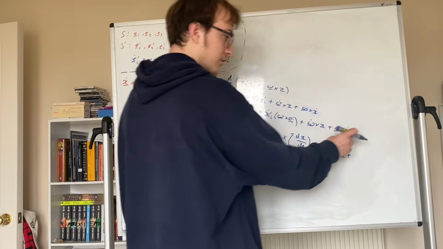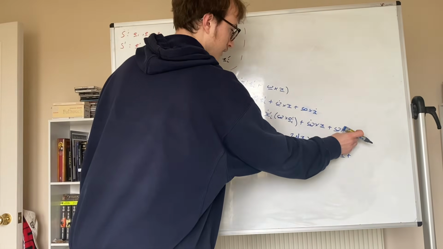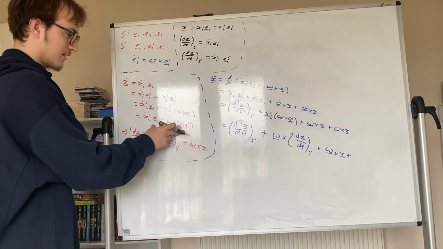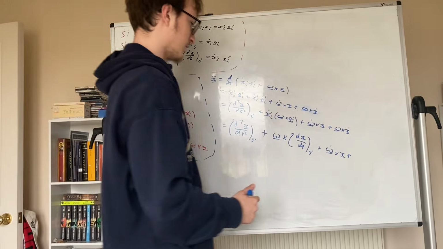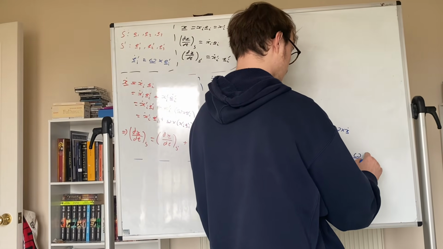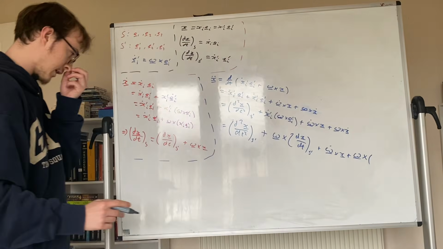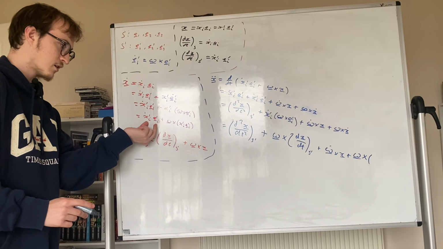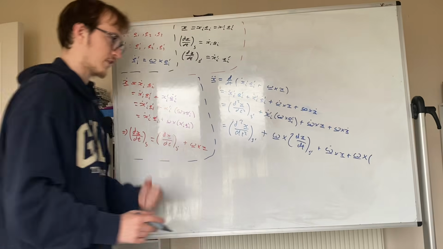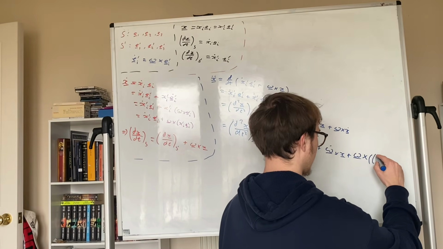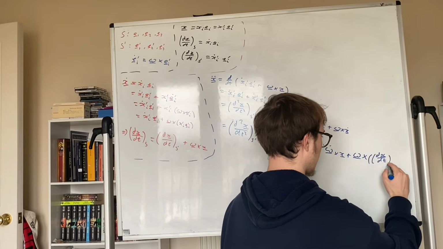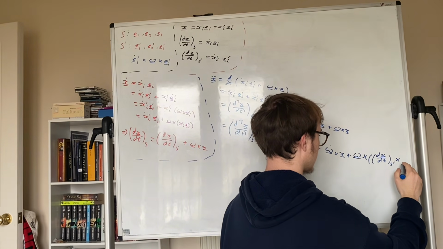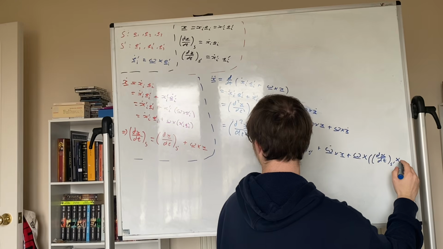And then we're going to use our expression for x dot, which we got somewhere around here, to say that this is just omega cross dx dt in S prime, and then this is just omega cross x. So we have dx dt with respect to S prime cross omega cross x, right? Yeah.